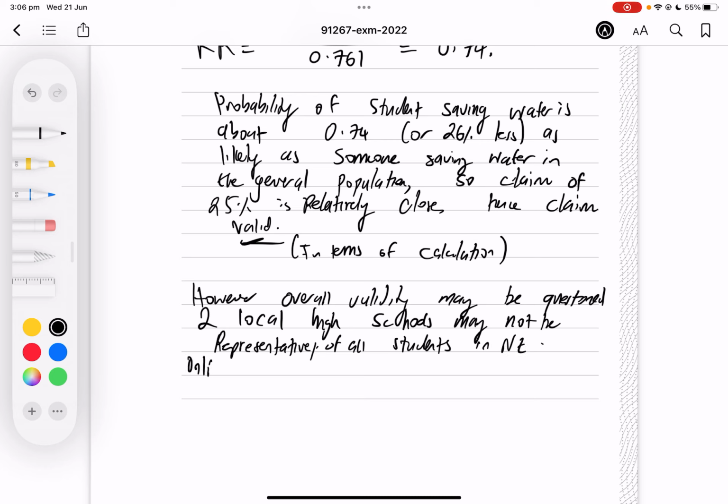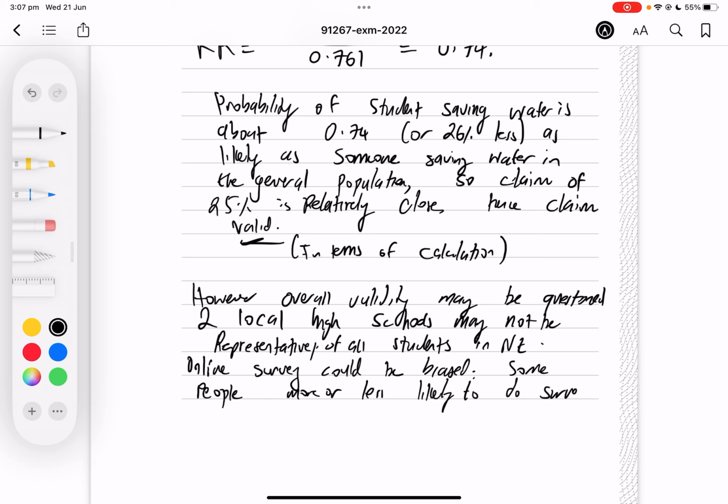The online survey could be biased, with some people more or less likely to do the surveys. So this is like a confounding factor.